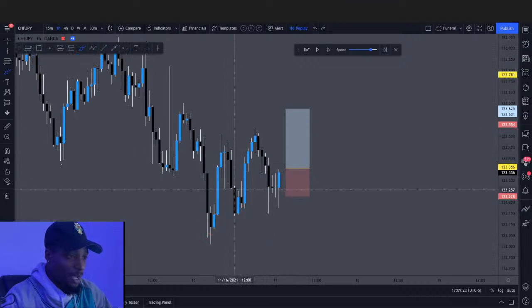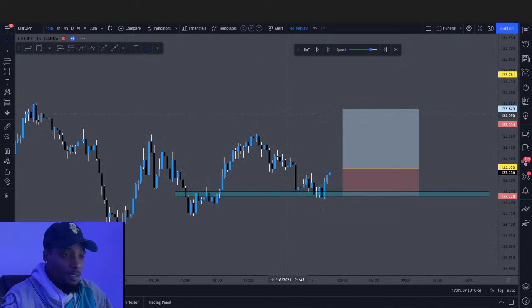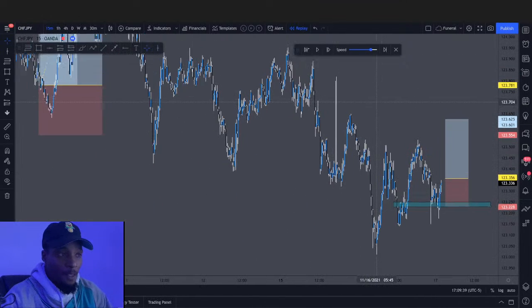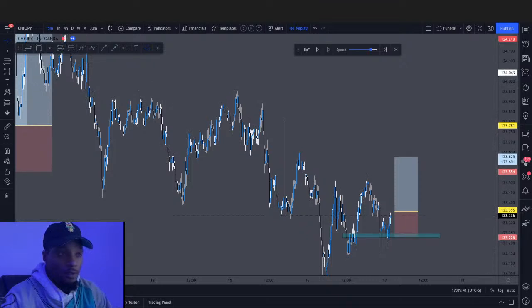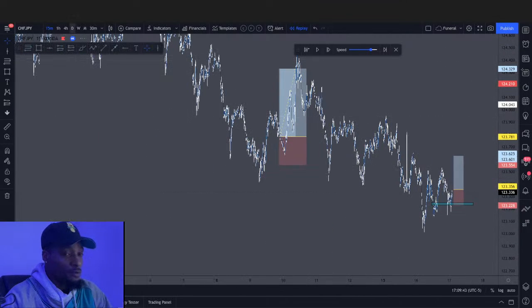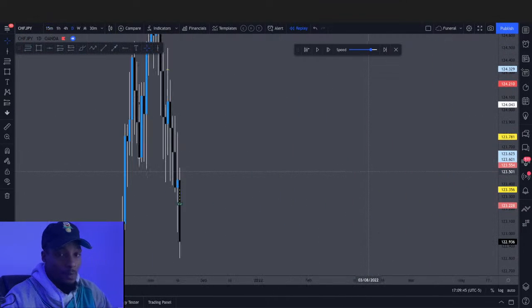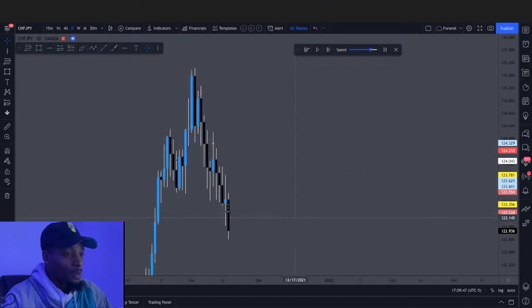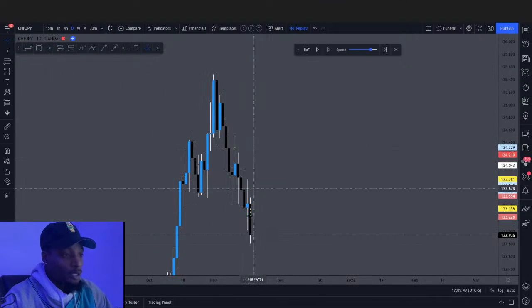Well, when it did come back, we had some structure right in here, previous resistance, now broken to the upside. You want to see it acted as support. It did act as support, and so I was like, this could be quite interesting. We could see a move, if we zoom out, you know, that gives us a pretty good push up.